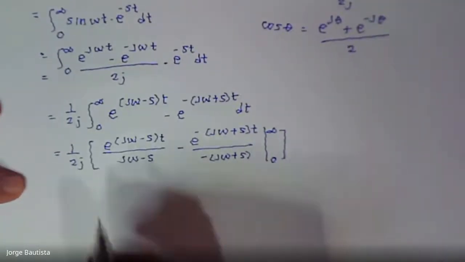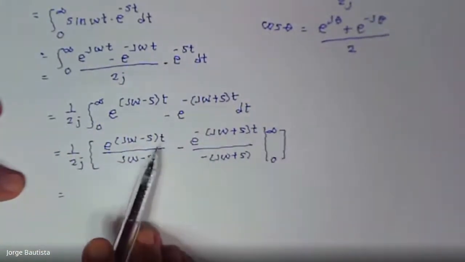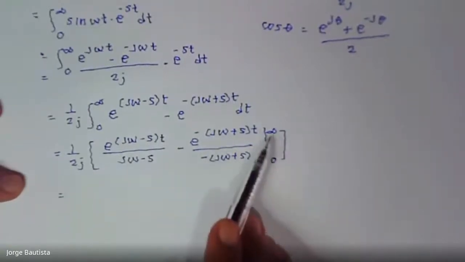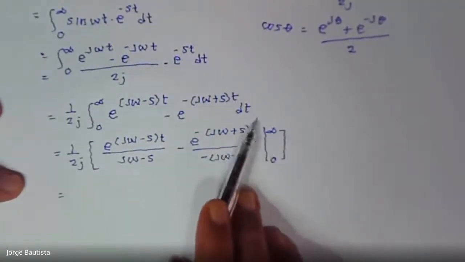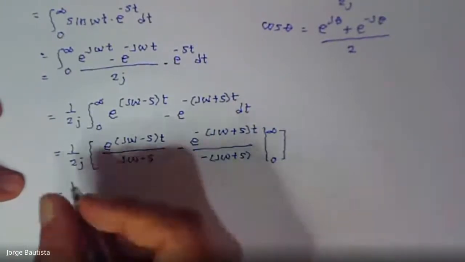Then substitute the limits. When I substitute infinity here, it will become 0. When I substitute infinity here, it will also become 0. So then I substitute 0.